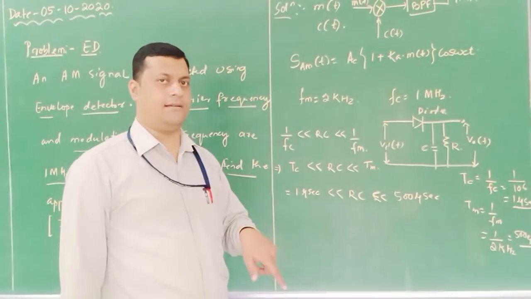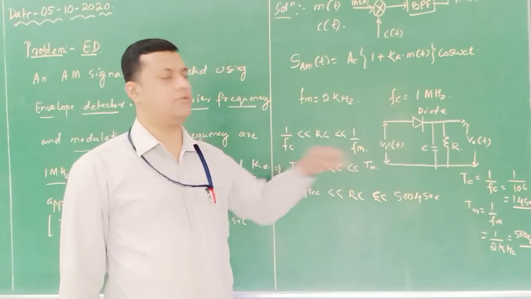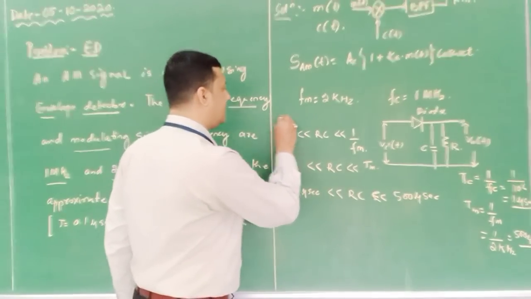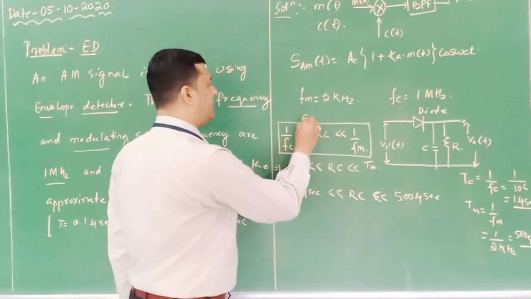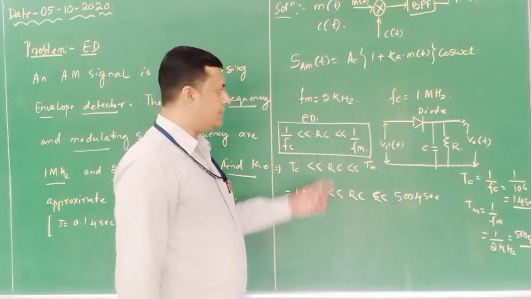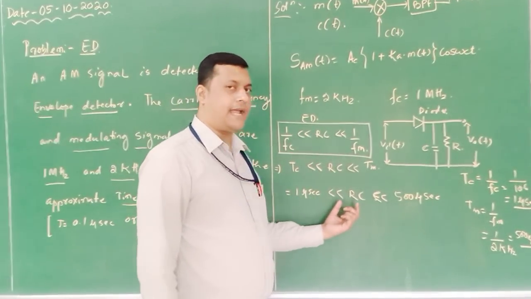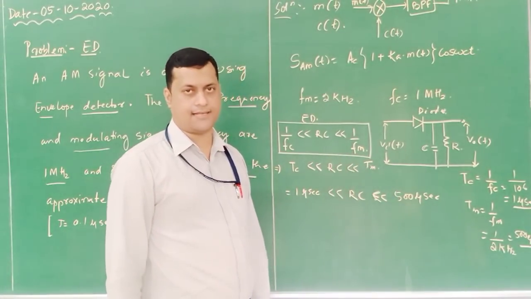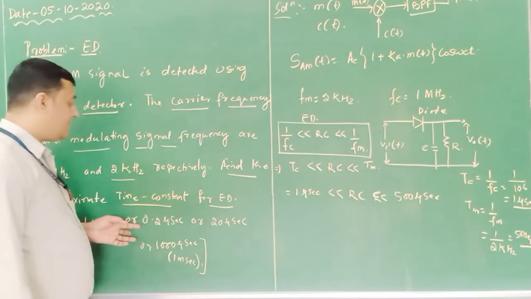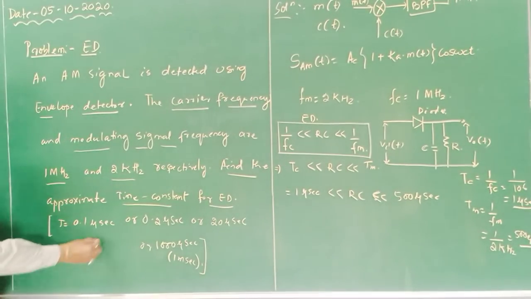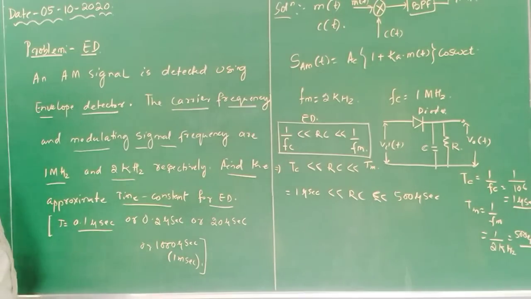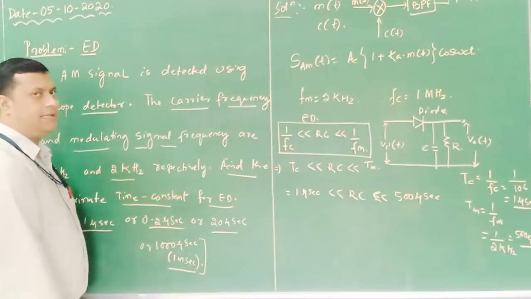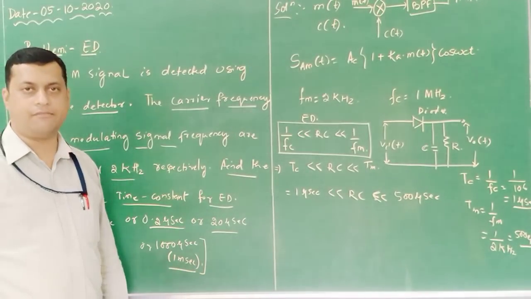Now my detector will work between these two time periods because my time constant must satisfy this particular relation for the envelope detector. So this indicates that my time constant must lie between 1 microsecond and 500 microsecond. Now in this question, some options are given: the time constant is 0.1 microsecond, 0.2 microsecond, 20 microsecond and 1 millisecond. Which will be our time constant?